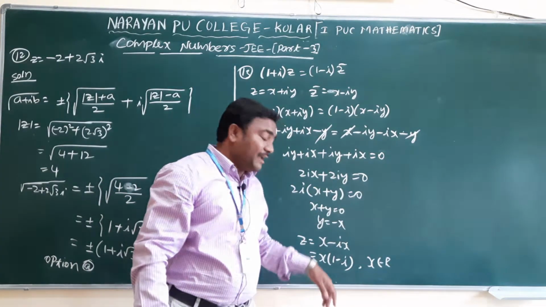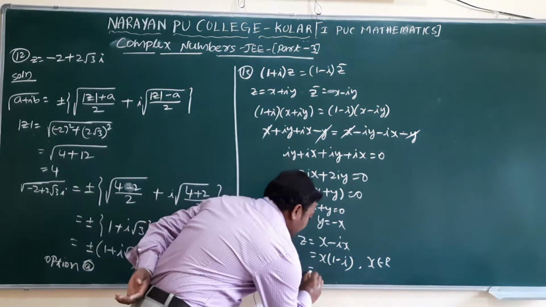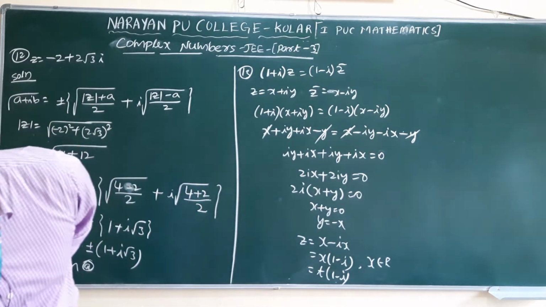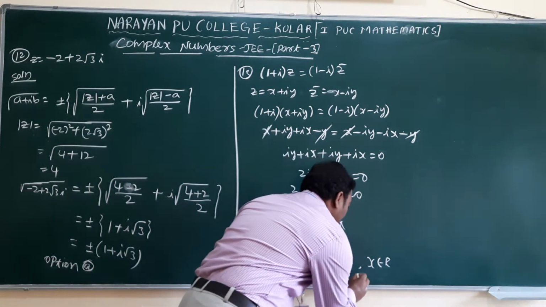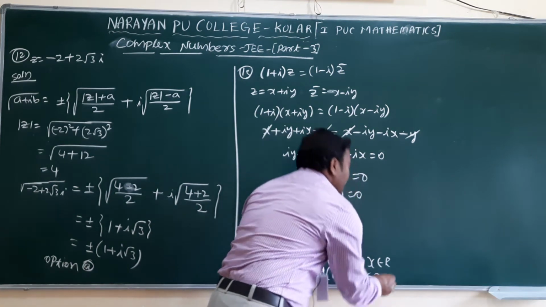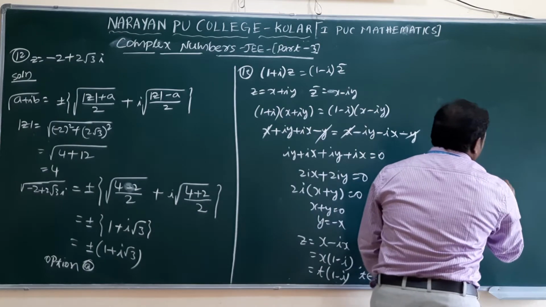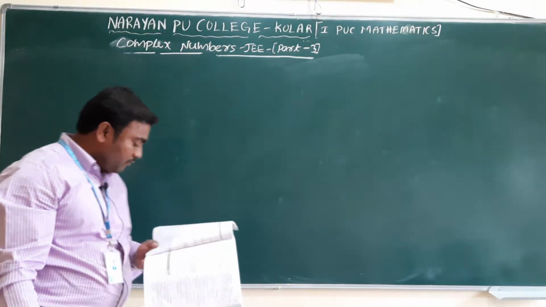In the options they have given t, so t is also a real number. It will be written like this: t into 1 minus i. Here the first option is correct, where t belongs to real numbers. That is the correct option.